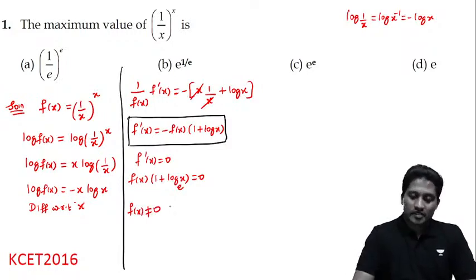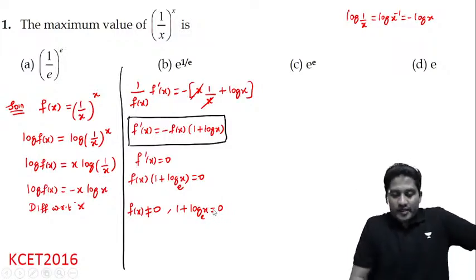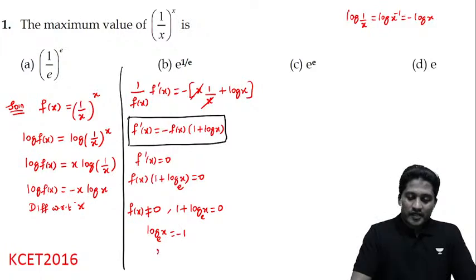What is left is 1 plus log x to the base e is equal to 0. From this, log x to the base e is equal to minus 1. X is equal to e power minus 1, that is equal to 1 upon e.